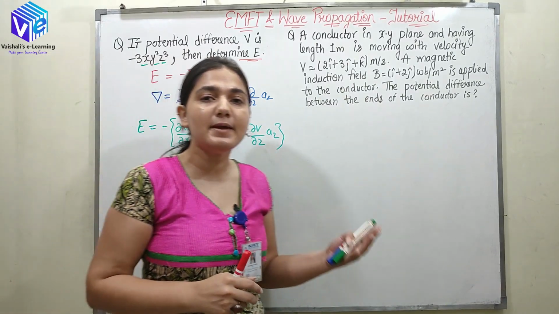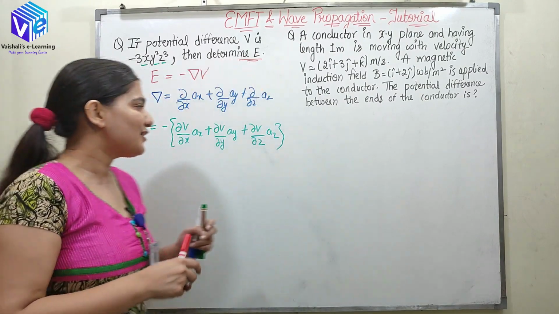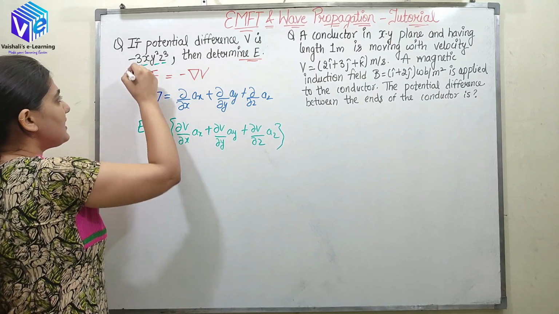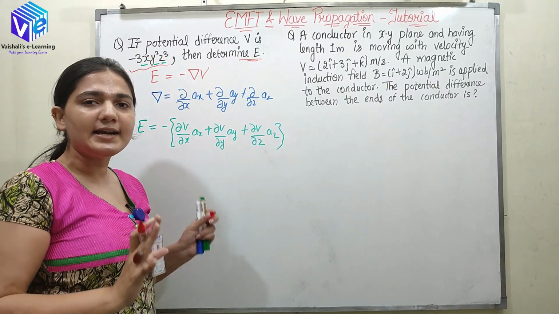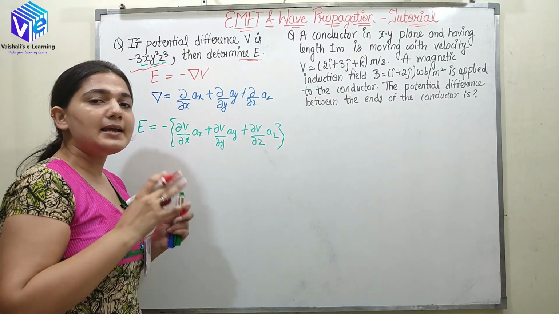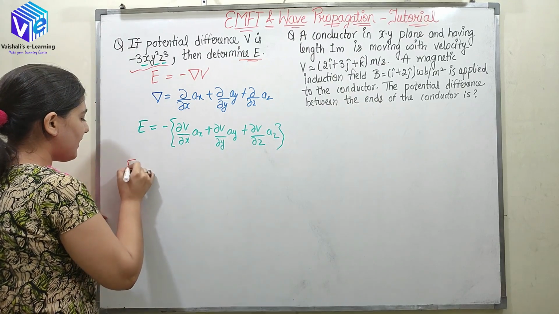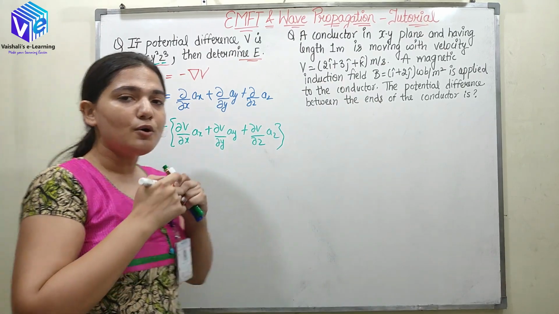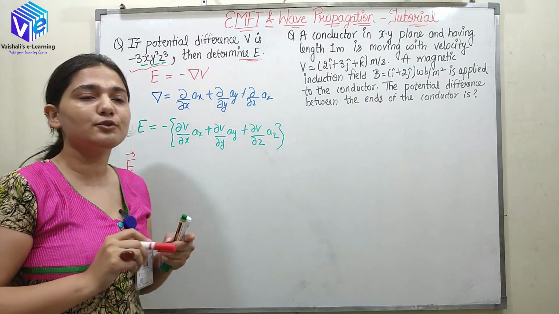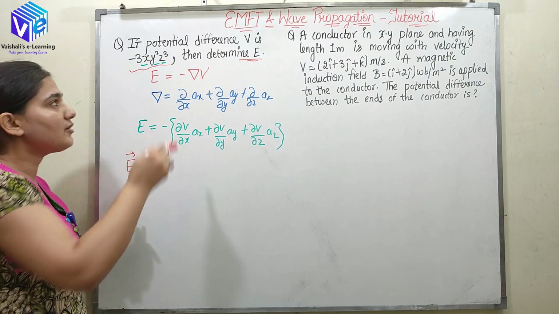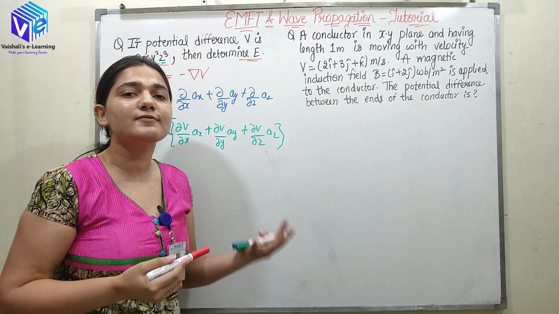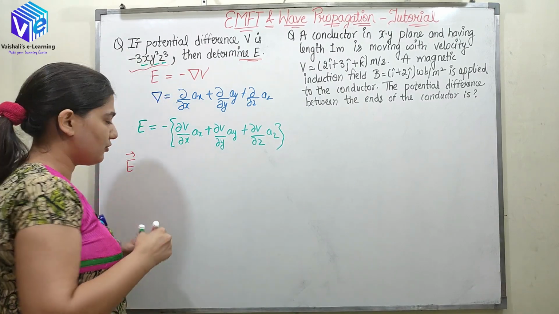The output will always be a vector field. Here we have the input V, a scalar quantity. We don't have any direction for V given in the question. Now we'll find E, which will have some direction. We already know potential difference is a scalar quantity and electric field intensity is a vector quantity, so our formula is correct.